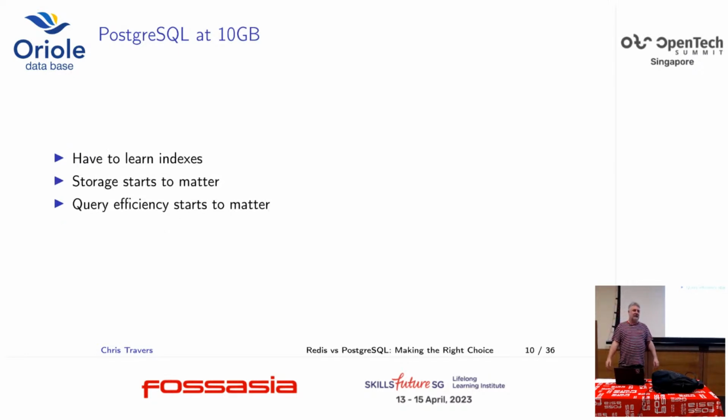When we get to 10 gigabytes, storage starts to matter a little bit because not all the data is going to stay in memory, usually, unless you have a lot of memory. You're typically going to want to think about indexes because even if you have it in memory, sequentially scanning through 10 gigabytes of data is going to take a bit longer.